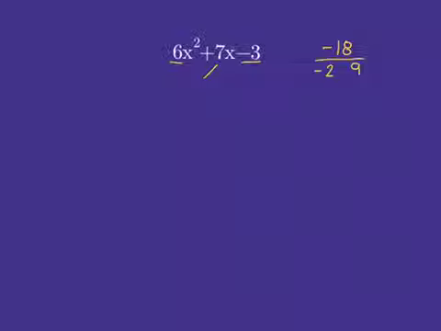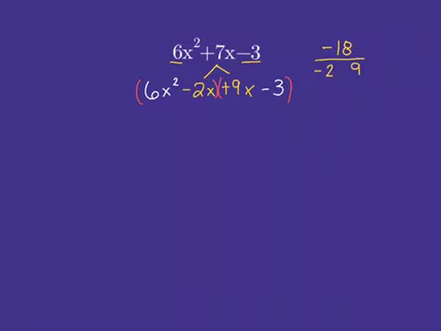We're going to break that middle term apart into a negative 2x and a plus 9x. And then we still have the 6x squared and the minus 3 from our trinomial. Now that we have 4 terms, we can go ahead and start grouping them.